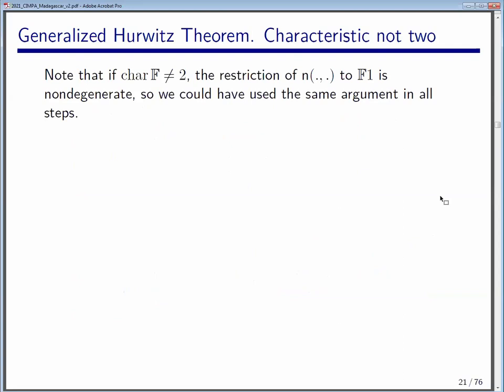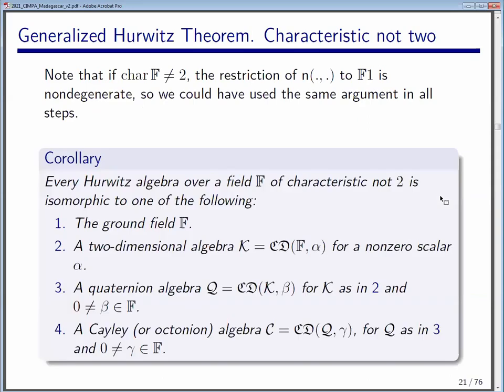Okay, if the characteristic is not 2, then things are actually easy, because the second step, the step of getting a two-dimensional subalgebra, is easier. It is exactly as the third and fourth steps. So in characteristic not 2, we get either the ground field, or in the second step, the two-dimensional subalgebra can be obtained by doubling the one-dimensional subalgebra that we have with the unit.